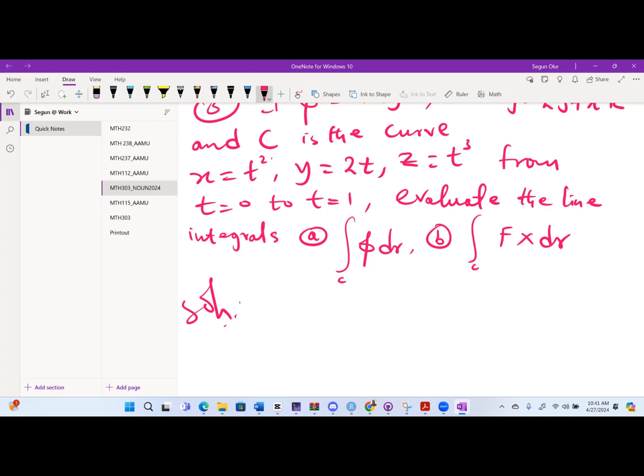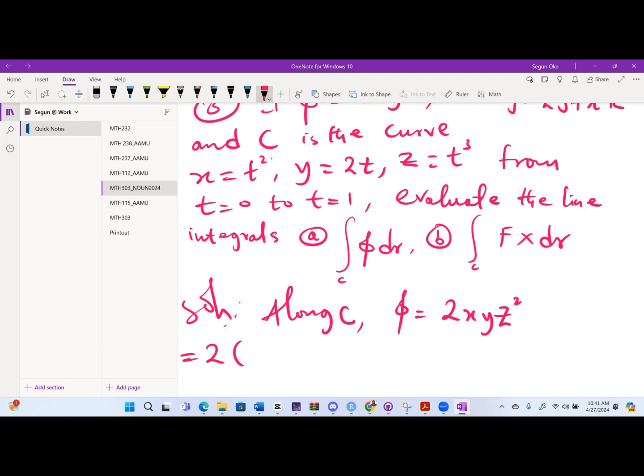remember along C we have our y to be equal to 2xyz squared. So everything will be what? We know it here. It will be 2 of t. What is t?